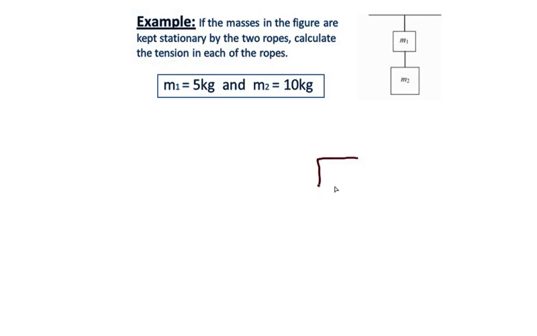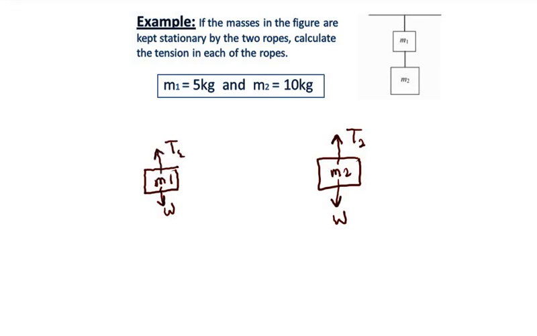Let's start with mass 2. For mass 2, we have the weight down, or the force of gravity. We have the tension up, and we will call it T2 because this string is connected with mass 2. For mass 1, we have the weight down, the tension up, T1, and also we have T2 down.